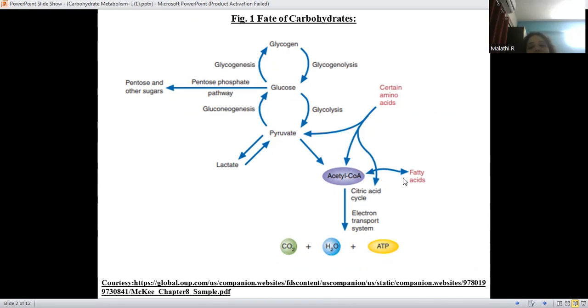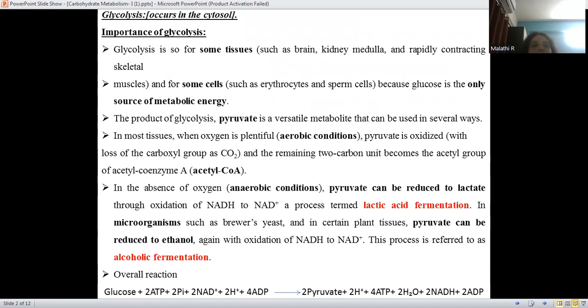Fatty acids can be synthesized, or acetyl-CoA can enter the TCA cycle, and through the electron transport chain we get ATP. The complete oxidation of acetyl-CoA leads to the production of water and carbon dioxide. And of course, glucose also enters the pentose phosphate pathway, which leads to the formation of pentoses and other sugars of biological importance.